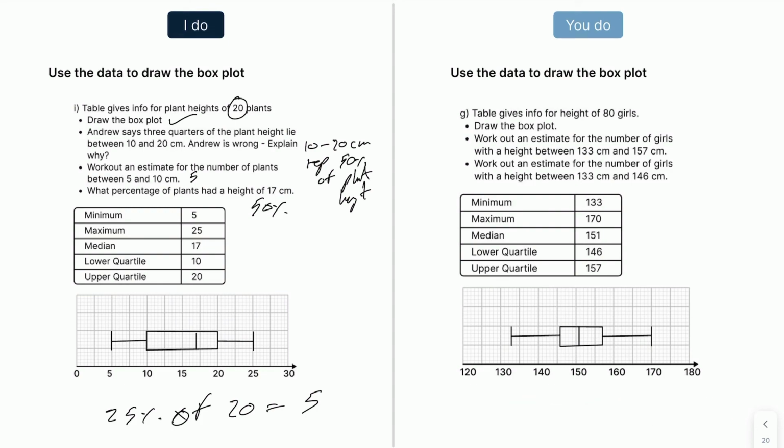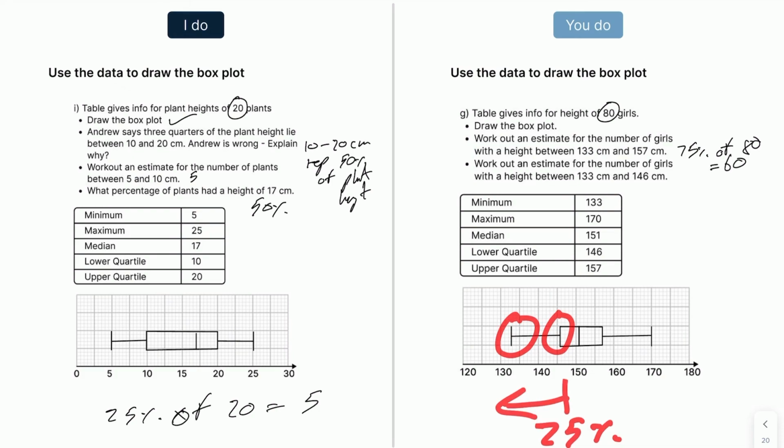So that is 75% of how many girls? 80, we are told. So that is going to be 60. And it says work out an estimate for the number of girls with a height between 133 and 146, which is the lower quartile. Everything below the lower quartile represents 25% of the data. So that is 25% of 80, and that is 20.